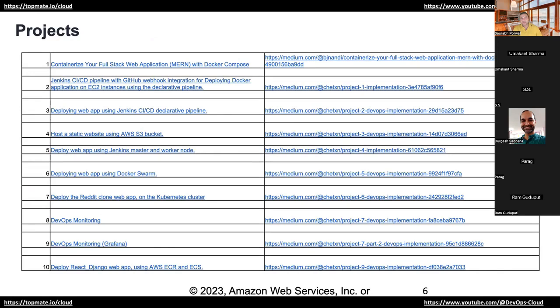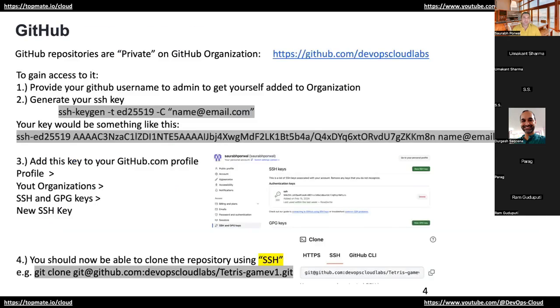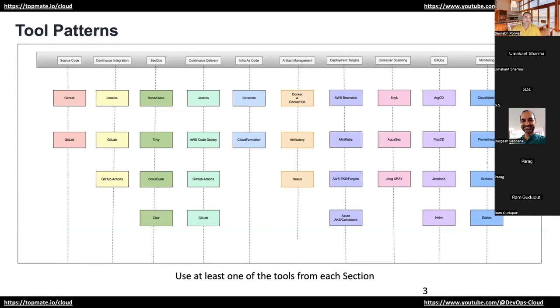What you need to do is not just copy the projects, because copying and running is more like just copying the commands and running them in your EC2 instance or in your Docker. You need to use these tools. All these projects are pretty similar in nature, but they use different kinds of CI and CD profiles.